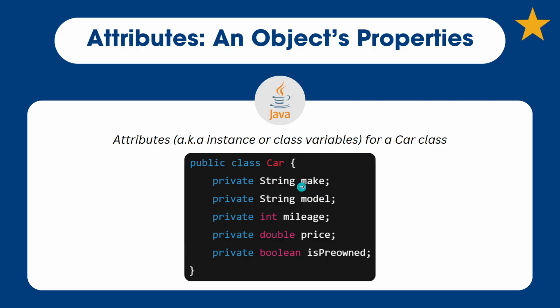For example, for make, you might put make not defined. For model, you might give it model not defined as a starting point. For mileage, a good starting point, of course, would be 0. For price, again, also would be 0. For is pre-owned, I might start it off as false. So it's just useful, right? Especially for the make and model.